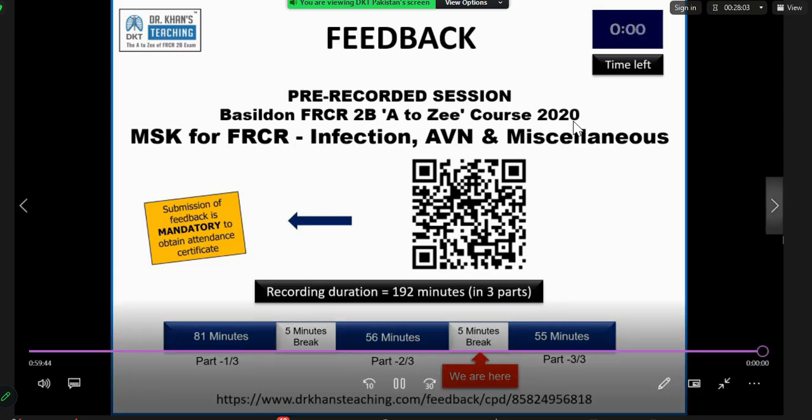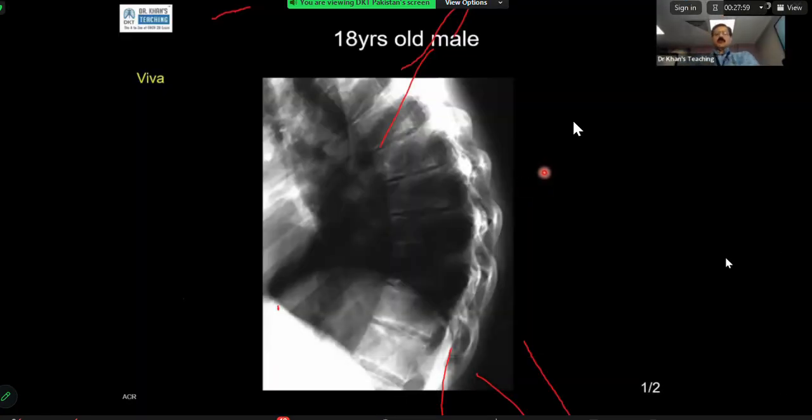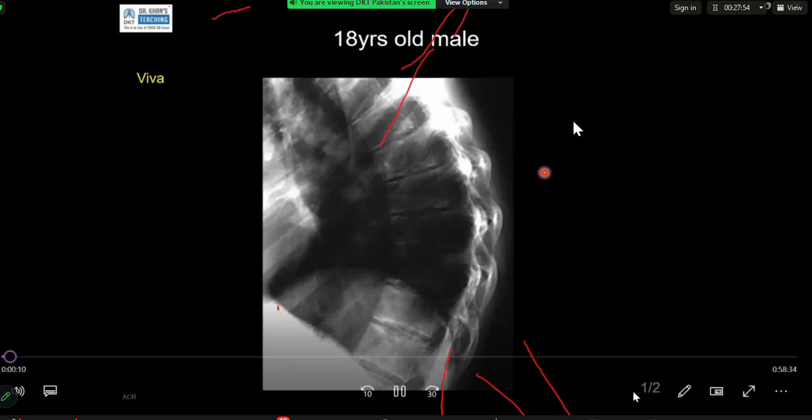Yes, candidate 5. Can you describe this for me? So there is a focal kyphotic deformity in the dorsal spine, along with slight irregularity of the end plates of a few of the vertebral bodies.